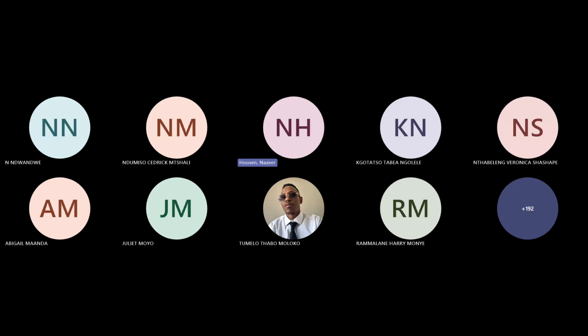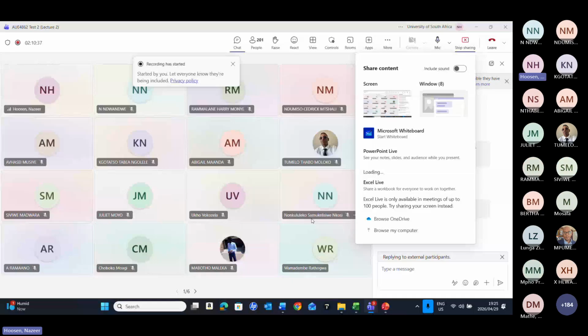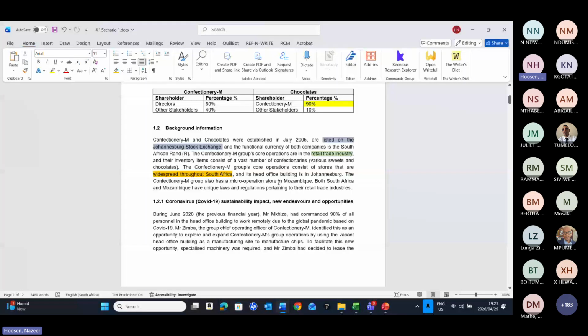And when I make reference to these decentralized operations, the operations are widespread throughout South Africa. As a result, there could be a challenge in terms of inventory counts, going to various regions across South Africa, like maybe going to Johannesburg, then Cape Town, then various parts of Mpumalanga.